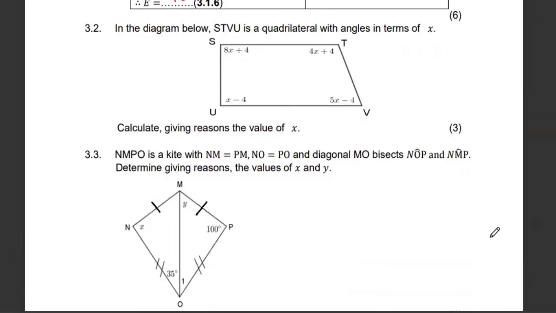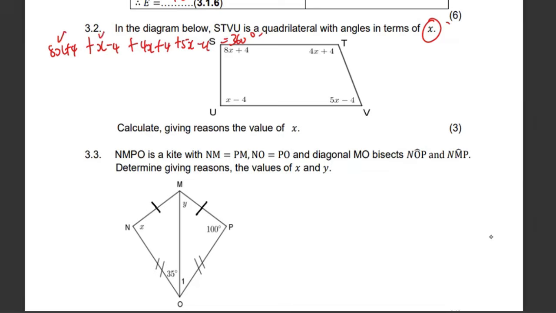3.2, we're given a quadrilateral with the angles in terms of X. They want us to get the value of X. So we know that angles in a quadrilateral must add up to 360 degrees. So we have 8x plus 4, x minus 4, 4x plus 4, and then 5x minus 4 should give us 360 degrees.